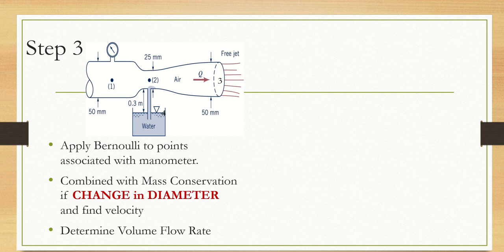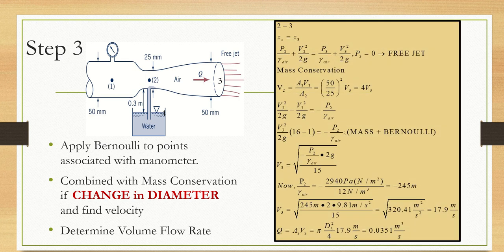So, applying Bernoulli between 2 and 3. I could have also applied Bernoulli between 1 and 2. But I asked myself, do I know more information about point 1 or about point 3?